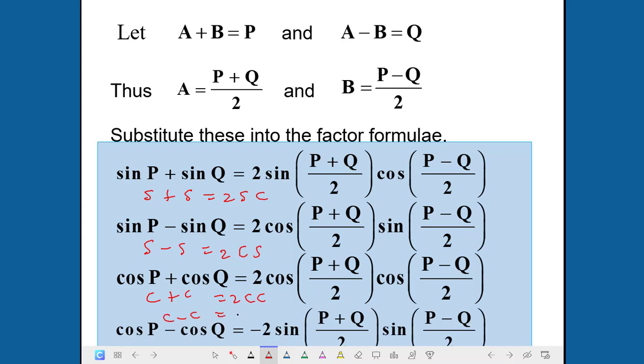Cos minus cos equals negative 2 sin sin. Okay. S plus S is SC, S minus S is CS, C plus C is CC, C minus C is negative 2 SS.